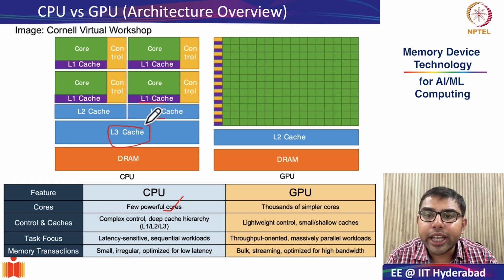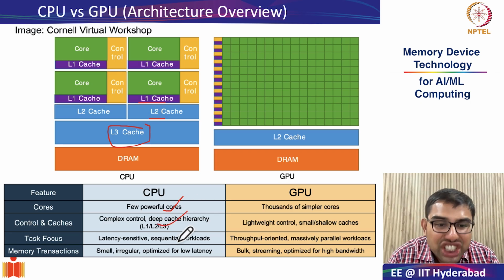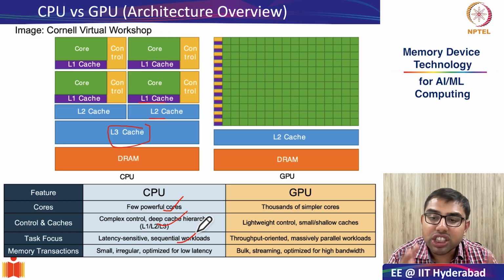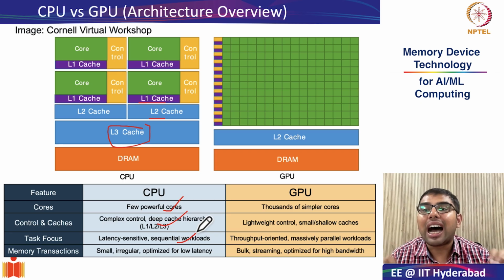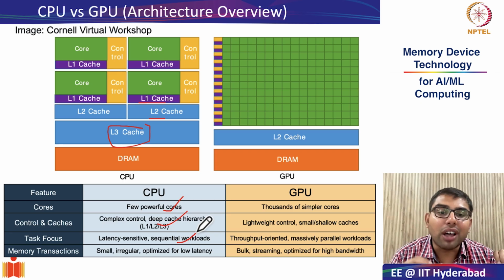This hierarchy minimizes memory latency and ensures efficient execution of sequential workloads, which are heavy in their instruction architecture. However, CPUs are optimized for latency sensitive tasks.